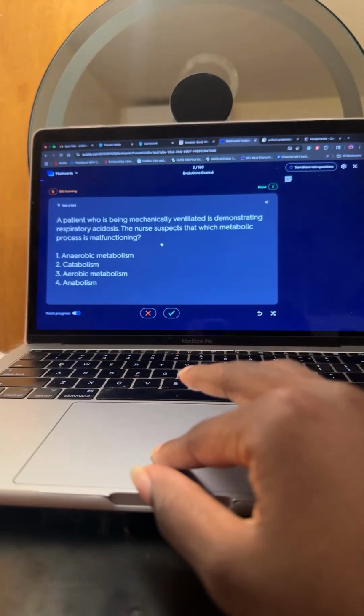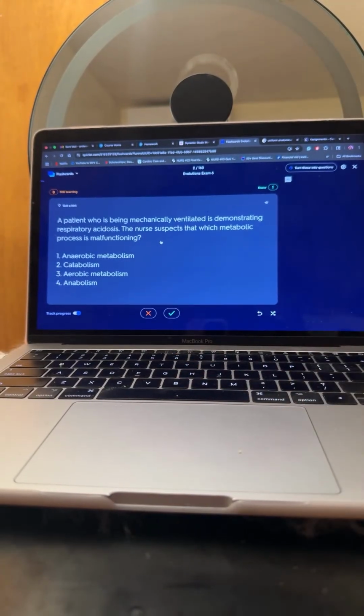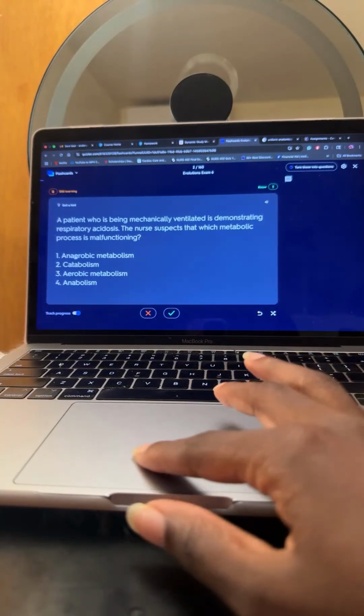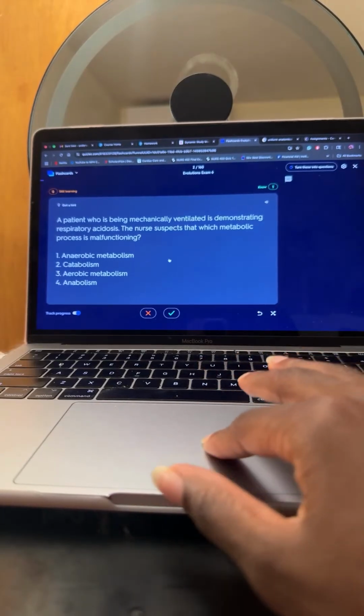So the next one is, a patient who is being mechanically ventilated is demonstrating respiratory acidosis. The nurse suspects that which metabolic process is malfunctioning? Respiratory acidosis. Oh, I know this. So it's going to be 1.